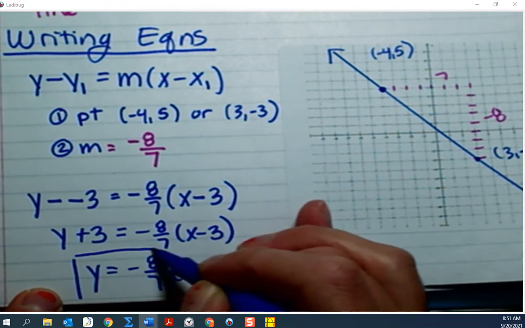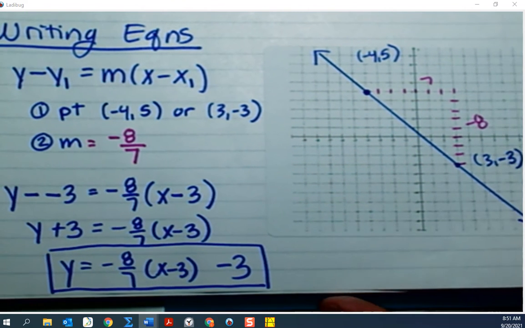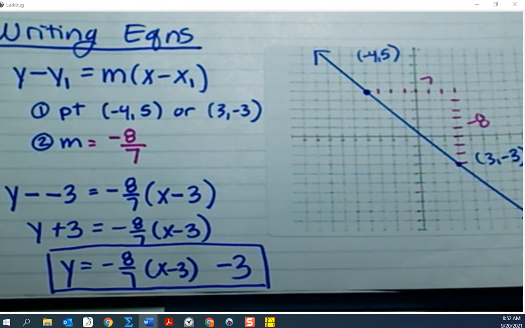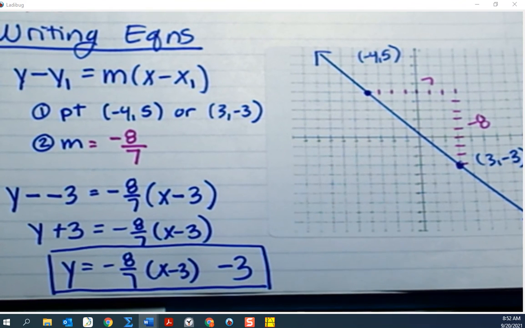But then I'm going to leave it there. Why would I leave it there? Because it doesn't multiply out nicely. There's no reason, unless I say multiply it out. This makes it easier. Right 3, down 3. Count the slope.